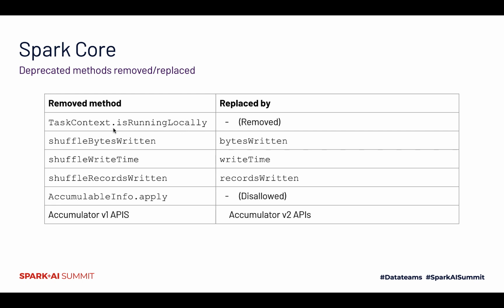That turned out to be a bad idea. You really want your code to run the same, whether it's running in local mode or remotely, so that's been removed. And other pieces as well have been disallowed or made deprecated. And last but not least, there are some improvements in the accumulator APIs that improve the underlying behavior. I'll let you read about those if you're still using accumulators.